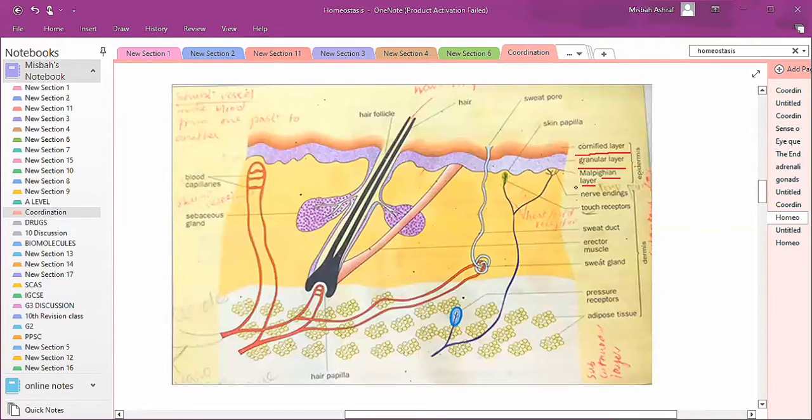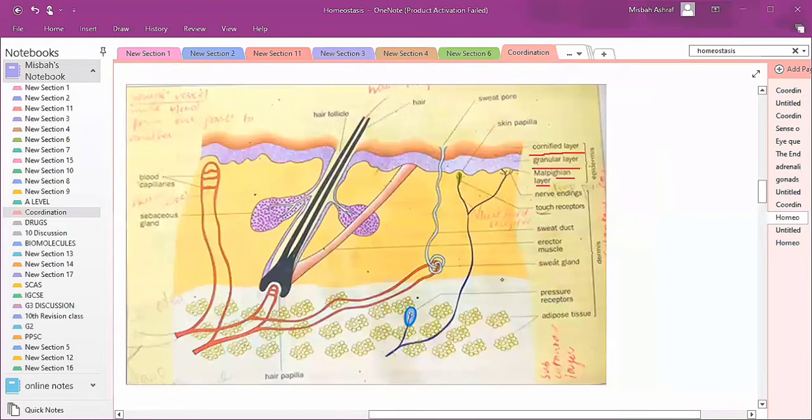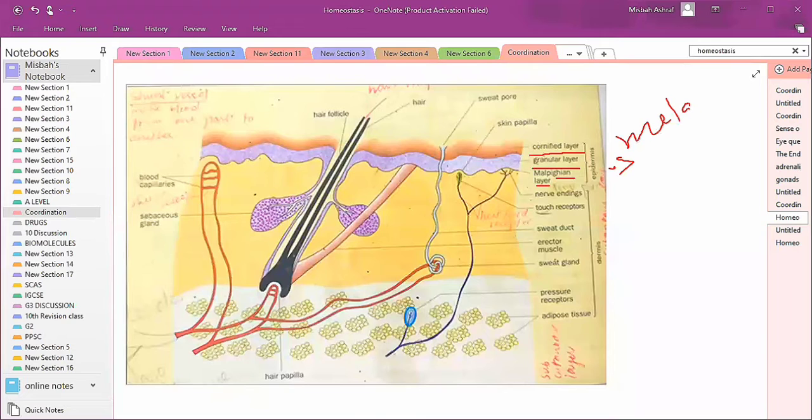The cells in this Malpighian layer also have a pigment which is known as melanin, and that melanin is responsible for the darkening of the skin. This Malpighian layer, which is the third layer of the epidermis, contains the pigment melanin.